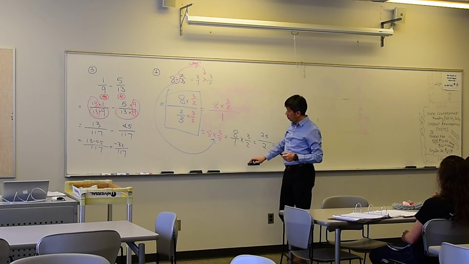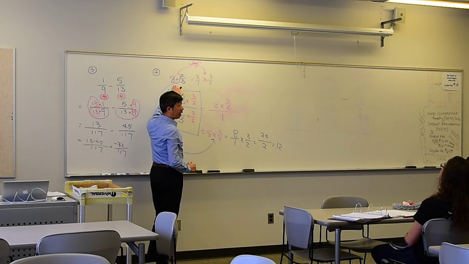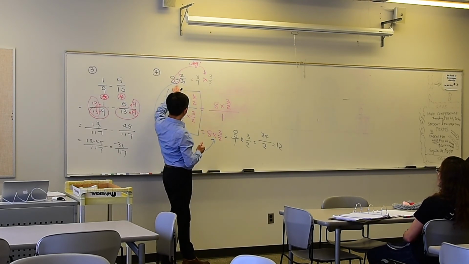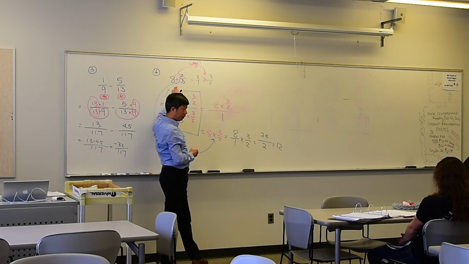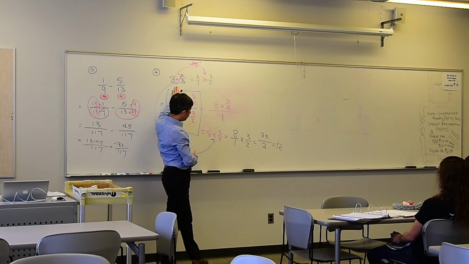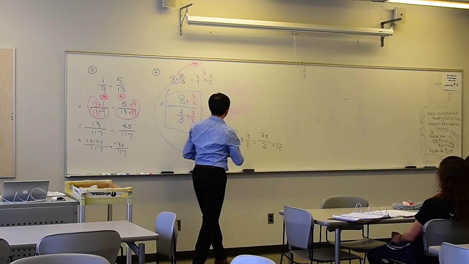So I answered your question why we have times the inverse, right? We change the fraction division into multiplication and then times inverse, right? And then we figured out this, right? We got a 12, right?